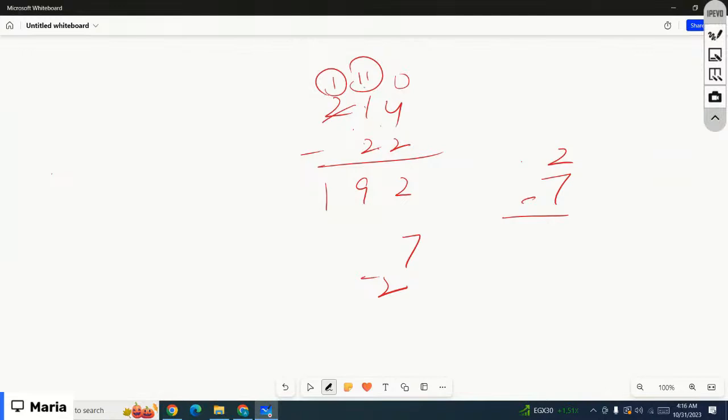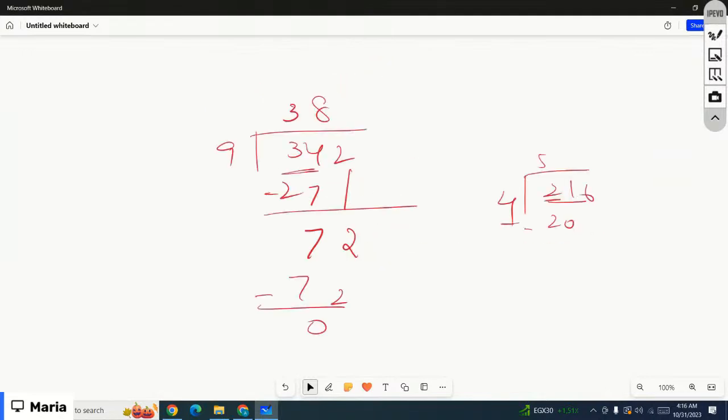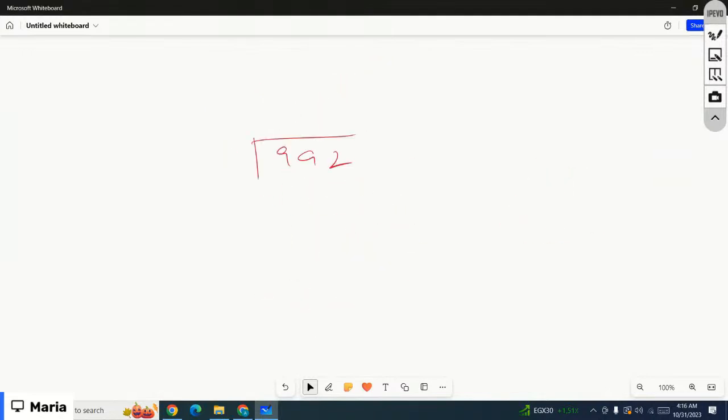When you borrow 1 from here, 1 and 1 makes 11. And you're left with 1 here. 11 minus 2 is 9. Got it?